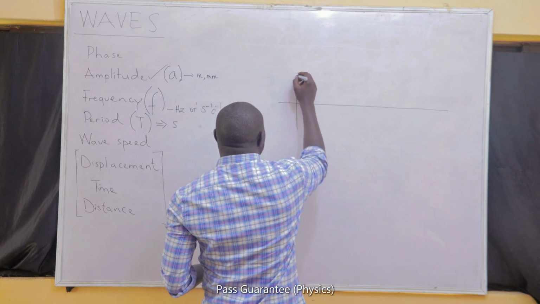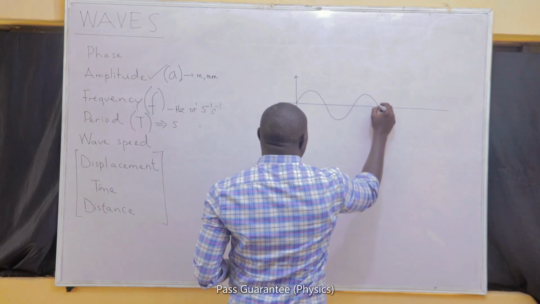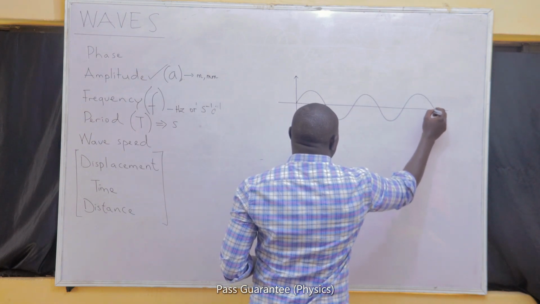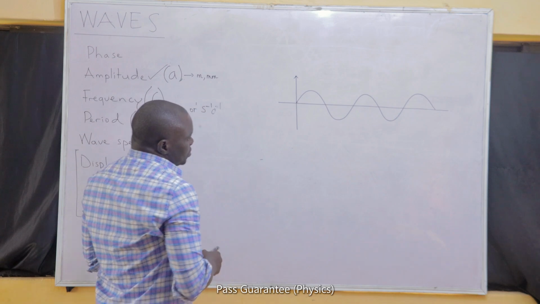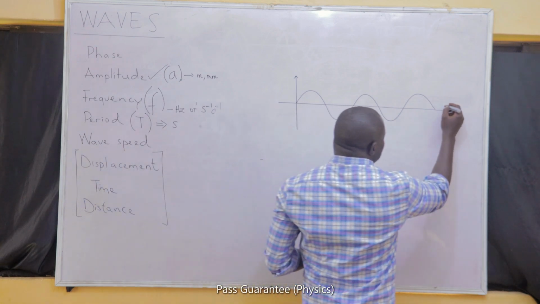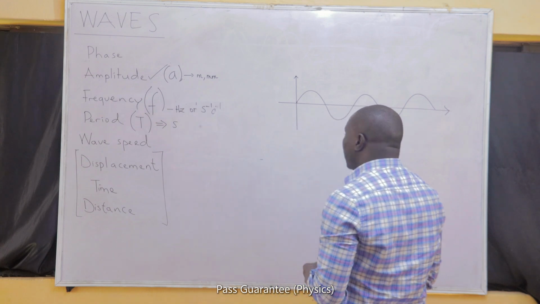So if I need to know, I can determine period the same way that I have been determining frequency. In fact, we are going to see later that there's a relationship between frequency and period.